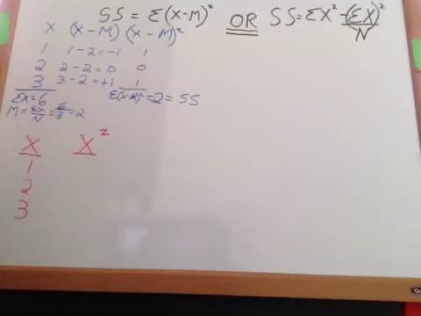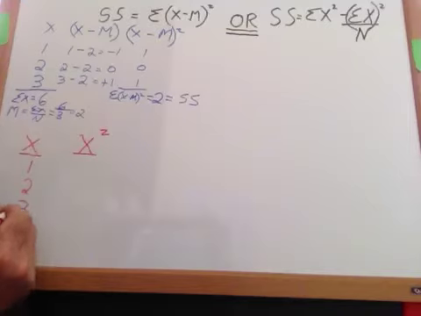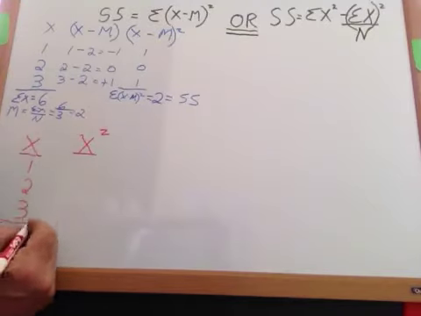So now we're going to do that very same problem using the computational formula. And it looks this way. Here are our 3 scores, a score of 1, a score of 2, a score of 3. As before, we get the sum of x equals 1 plus 2 plus 3 equals 6.